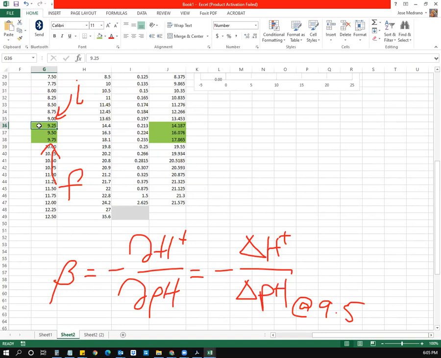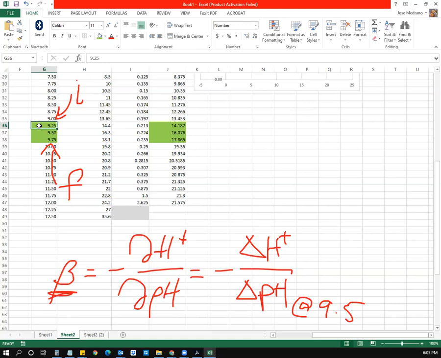So now to get the experimental buffer capacity based off of this approximation method, what we're going to do is substitute the deltas for the final and initial values.